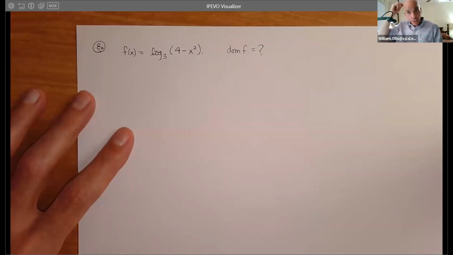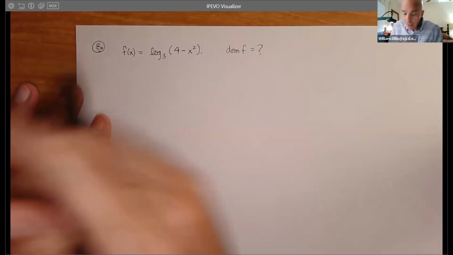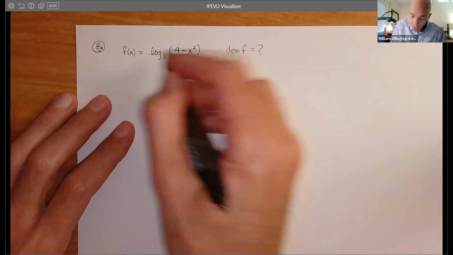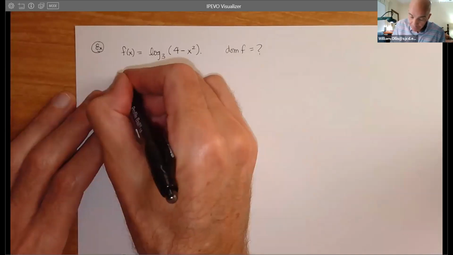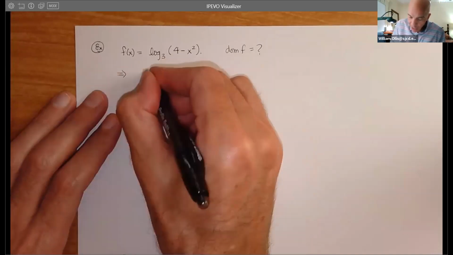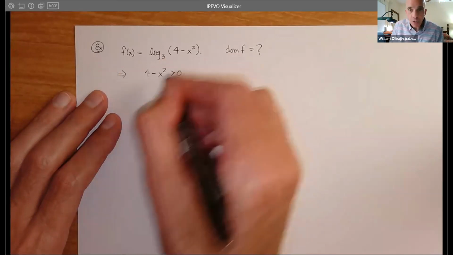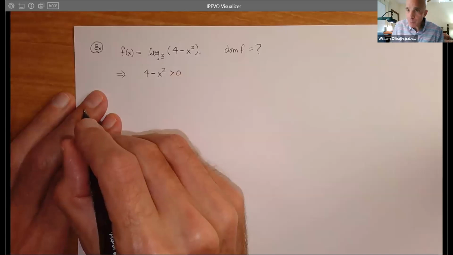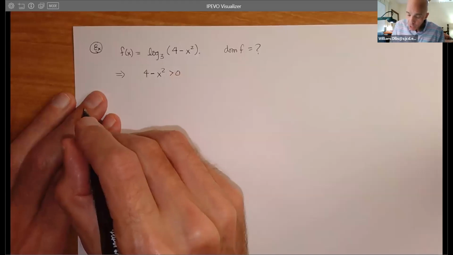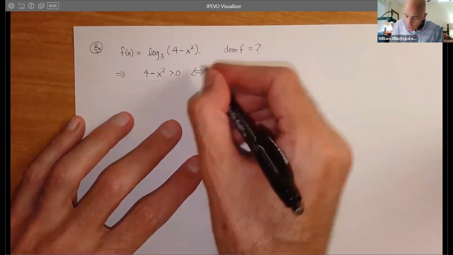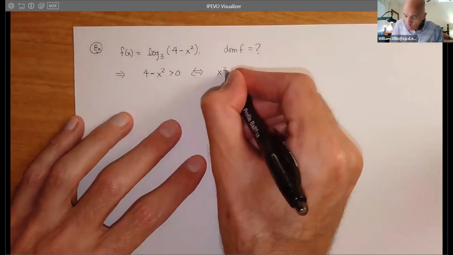So when you look at this, you're thinking, okay, well, we know that the input must be positive. So this would imply that 4 minus x squared must be positive. It can't be 0 because the logarithm of 0 makes absolutely no sense. So then we're saying, okay, well, this is just an easy inequality. This is just x squared is less than 4.